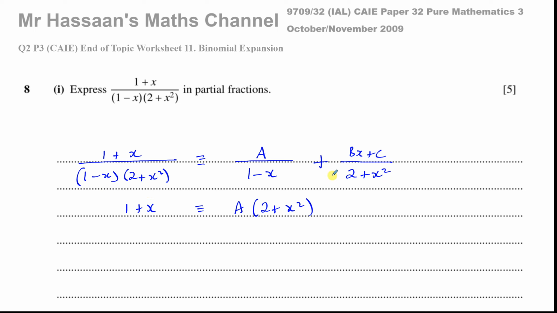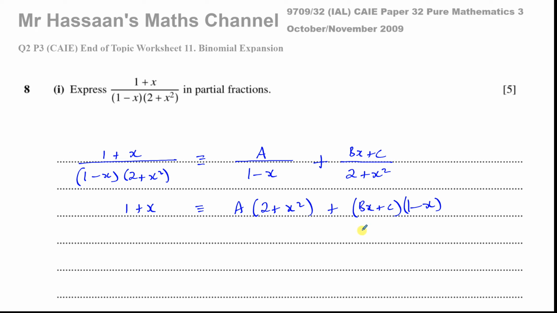If I multiply this fraction by these 2 brackets, the 2 plus x squared will cancel out, and you're left with bx plus c times 1 minus x. Alright, so these 2 are identical to each other, so I want to find the values of a, b, and c.